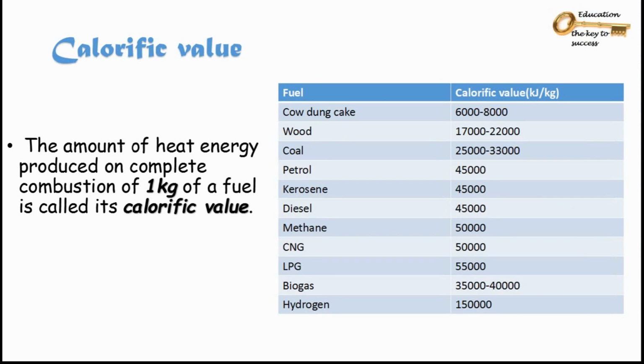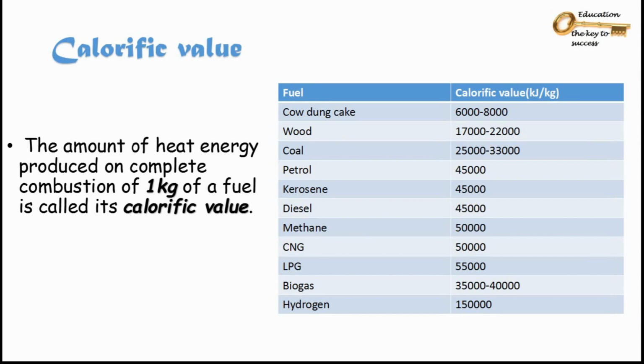We've tried to cover fuels from ancient times like wood, coal, cow dung cake, to the recent ones like CNG, LPG, even hydrogen as a fuel. And you can see the calorific values as well. So, cow dung cake 6,000 to 8,000, wood 17,000 to 22,000, coal 25,000 to 33,000, and so on.